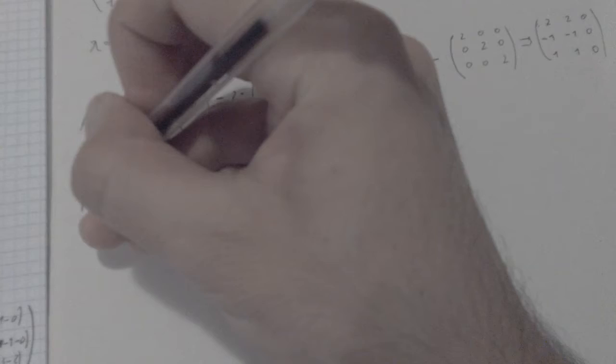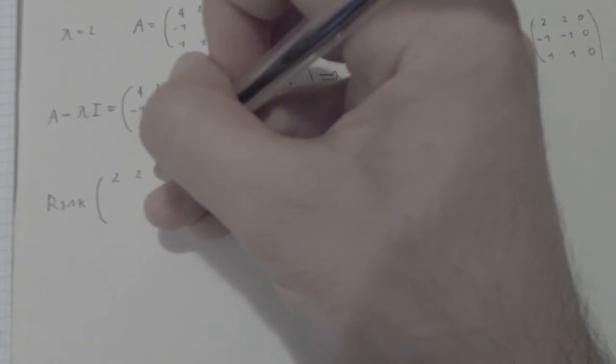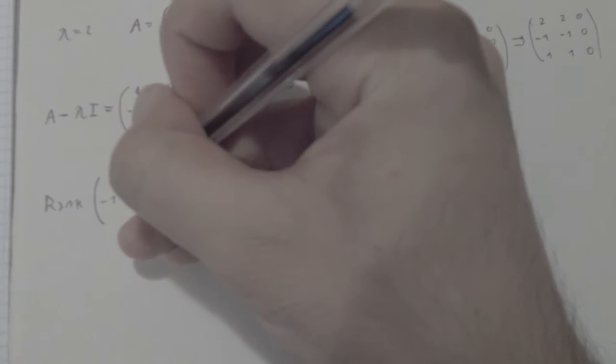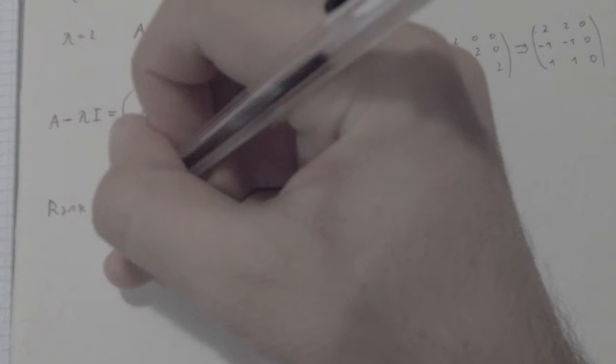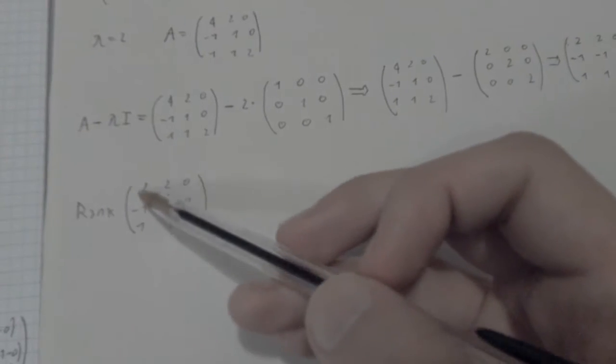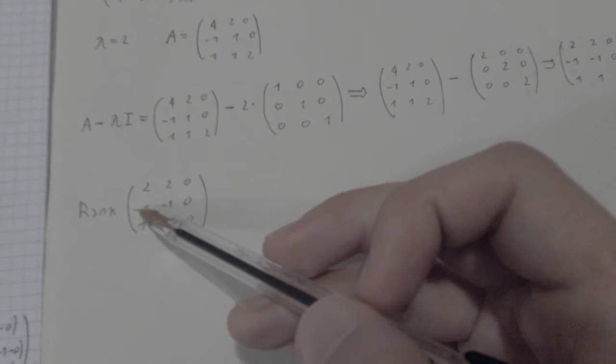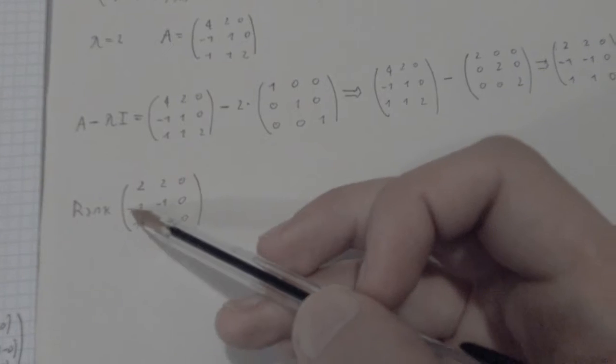So the rank of this matrix of 2 2 0, negative 1 negative 1 0, 1 1 0. If you remember, we want to have a pivot in each row, with zeros below.